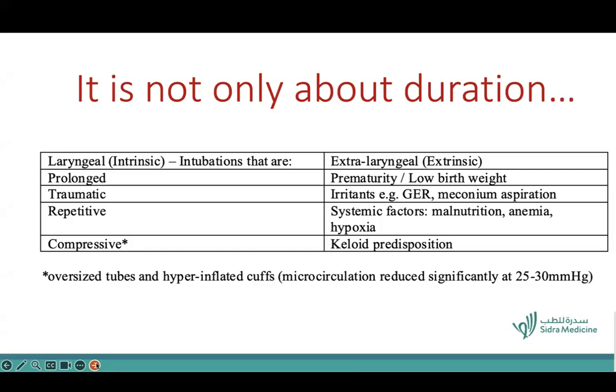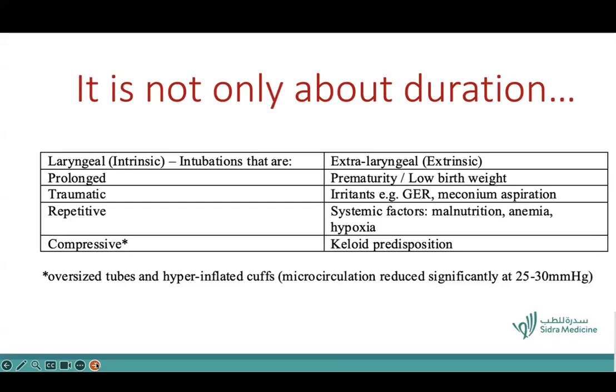So there's also traumatic intubations. You know, many of us deal with learning students, residents, fellows who are learning, and naturally a progression of that is maybe potentially causing some irritation or trauma as you intubate. Repetitive tries, again, that may worsen that trauma.